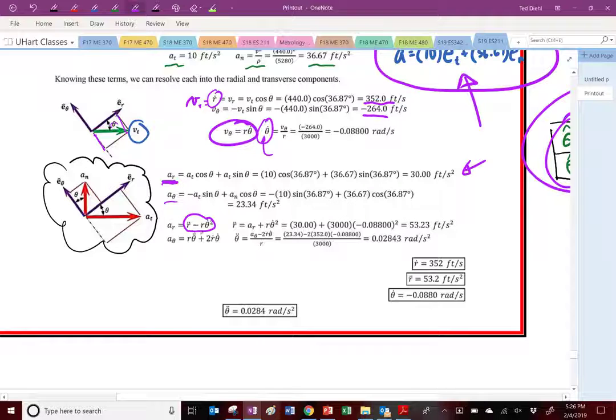Now A_r, we have a value for it, and we also know r and theta dot squared, so we can find r double dot. And in a similar way, we have a value for our A_theta, and we know what r dot is going to be, and we know what theta dot is going to be, so we're able to find theta double dot. So we're able to get all of this information right here in these variables of interest.